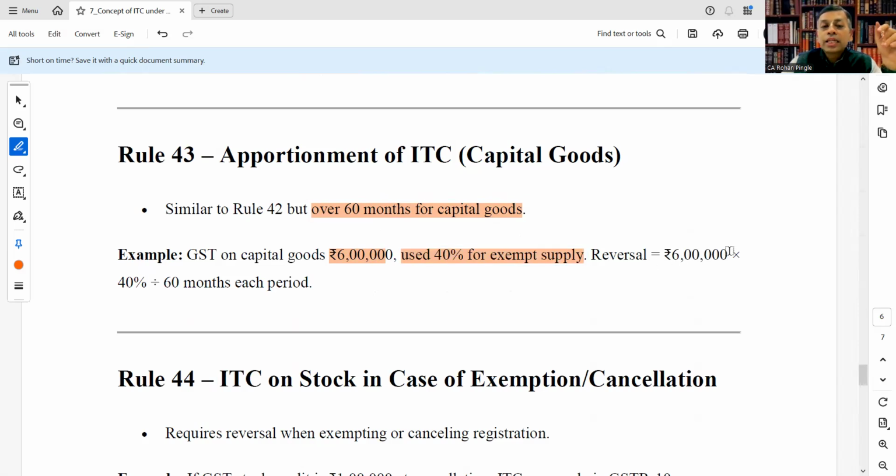Reversal would be 6 lakhs into 40% divided by 60 months for each period. It is apportioned over 5 years, that is 60 months.